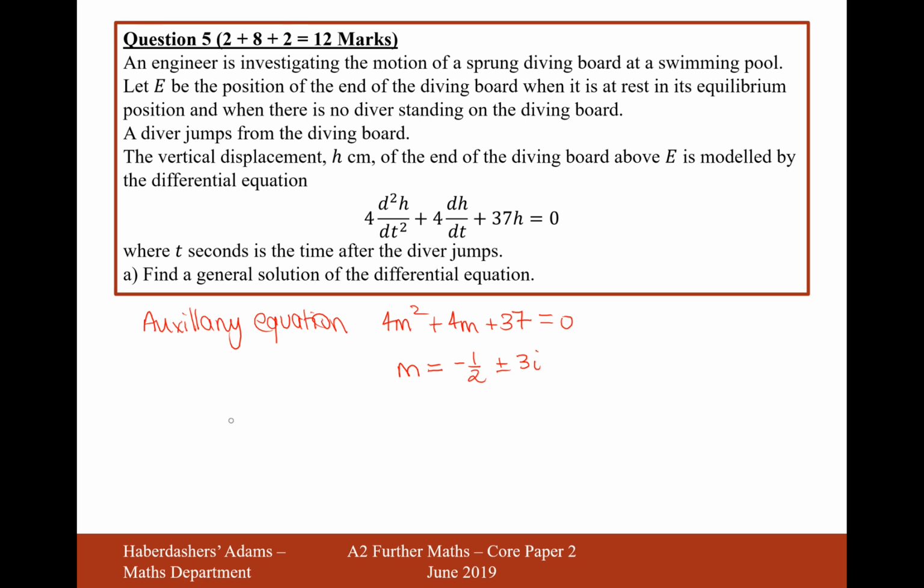So the general solution is h equals e to the minus half t, brackets, p cos 3t plus q sine 3t. And there we are, that's the answer to part A.